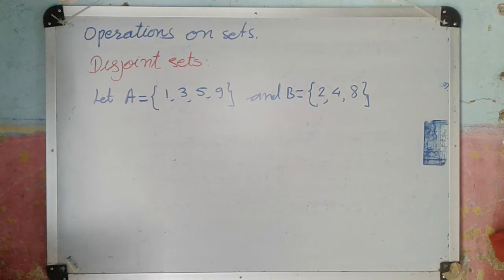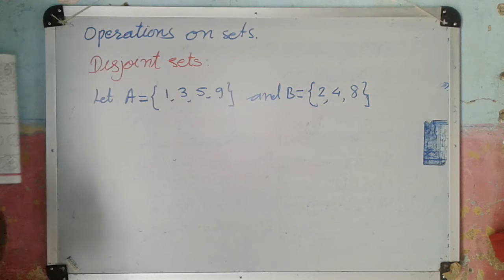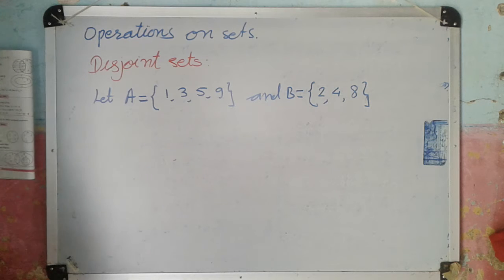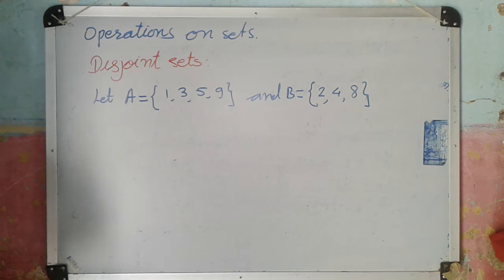Such sets are called disjoint sets, and we can show these sets using a Venn diagram.